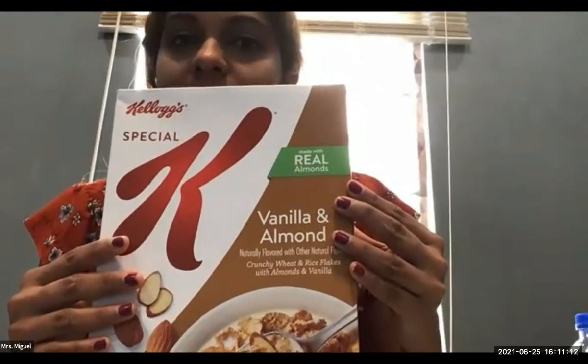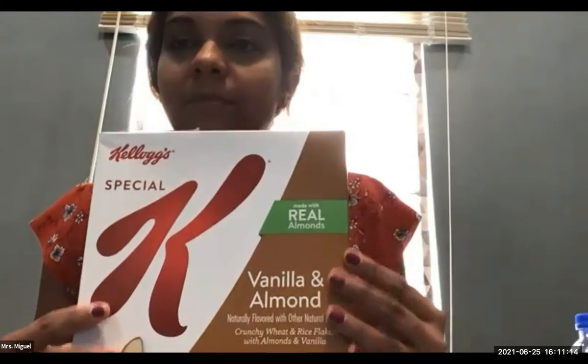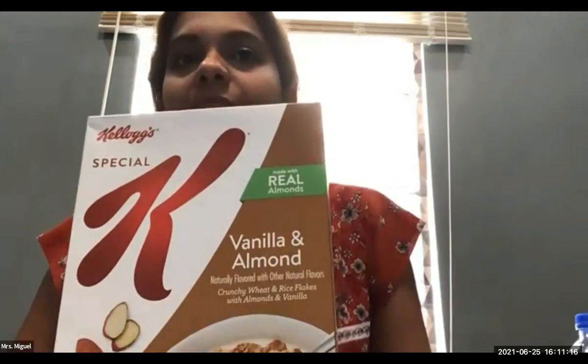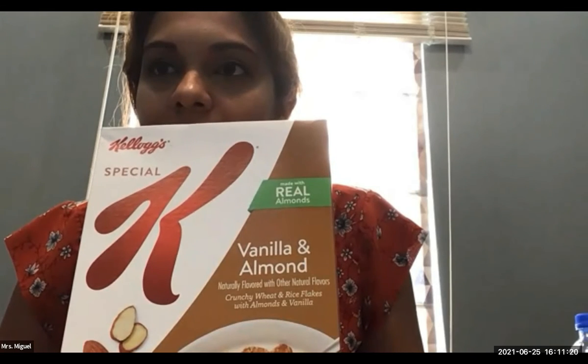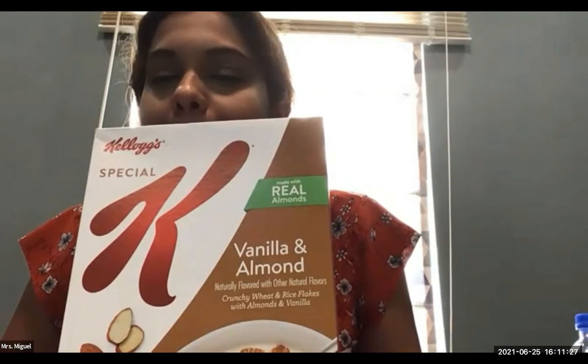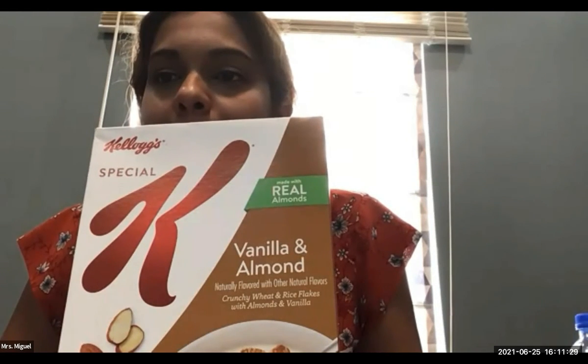So how many faces do we have in the cereal box? 6, ma'am. How many faces are the same? 3.